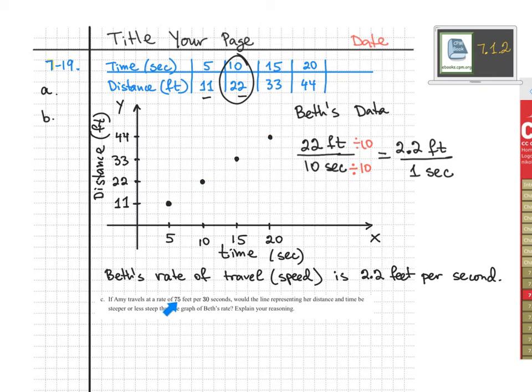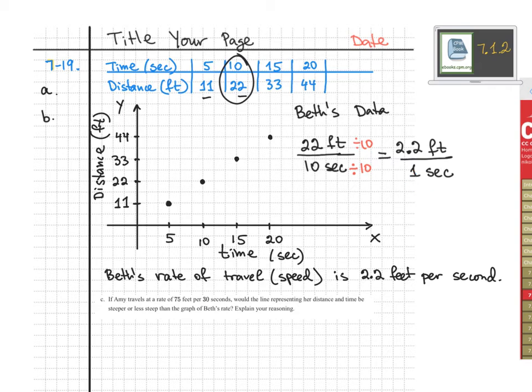They're asking if we were going to put Amy's and compare it. Because it's speed of travel, how fast someone is moving, I could compare it and then decide whether it's going to be a higher point or a lower point.